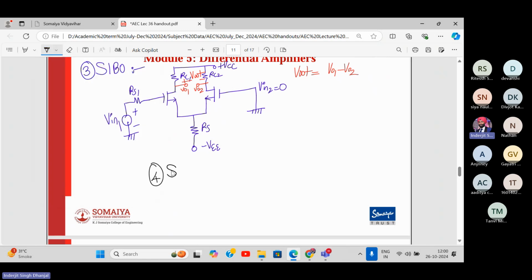So the last circuit will be single input unbalanced output. So let's draw the differential amplifier once again. All right. So this is my resistor RS.